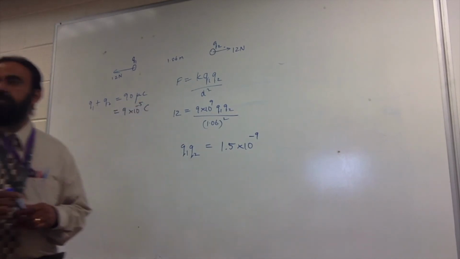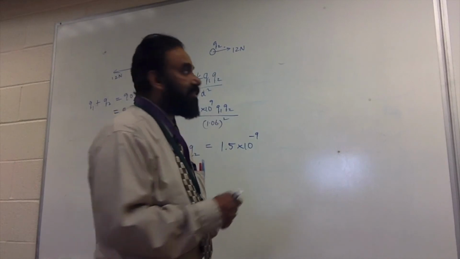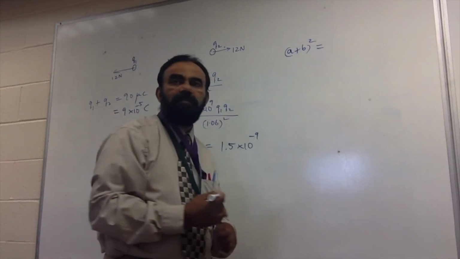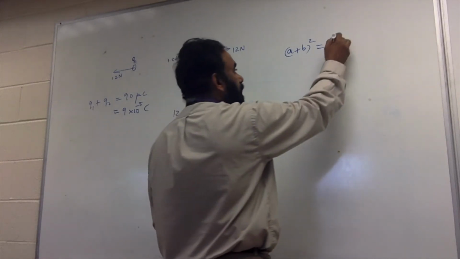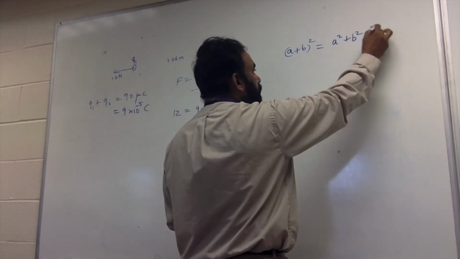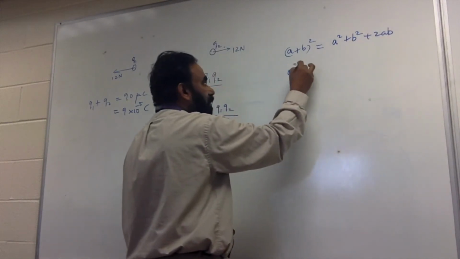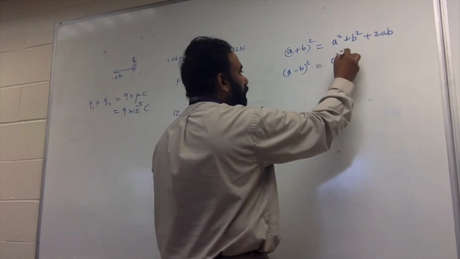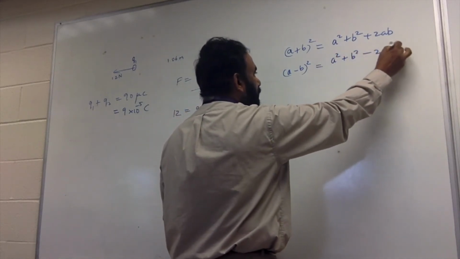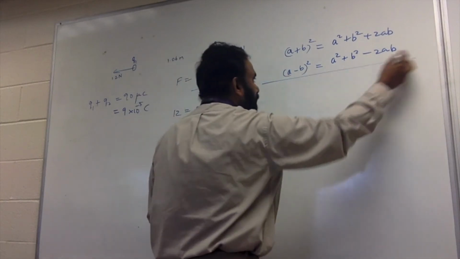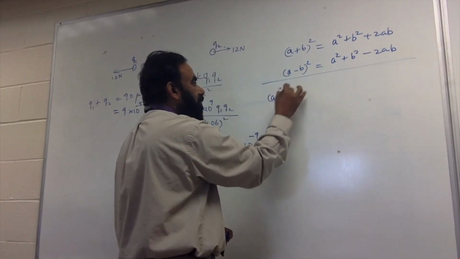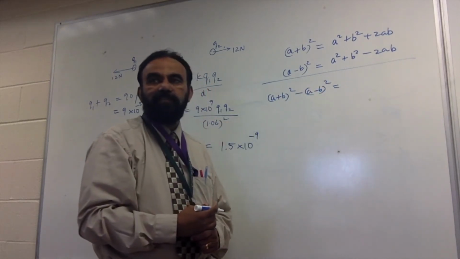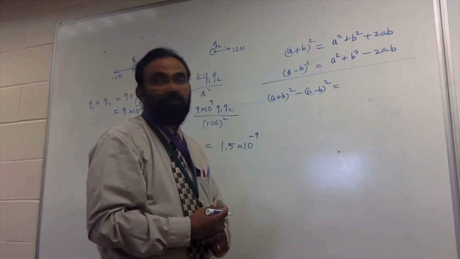For that I use some algebraic expressions. Do you know what this is? A square plus b square plus 2ab. Now, what about this? A square plus b square minus 2ab. What about when I subtract those two? We have 4ab.